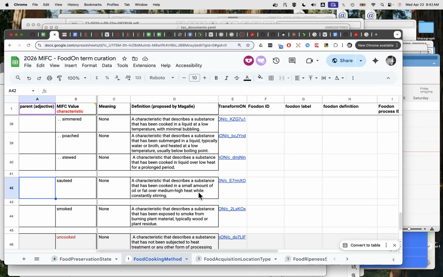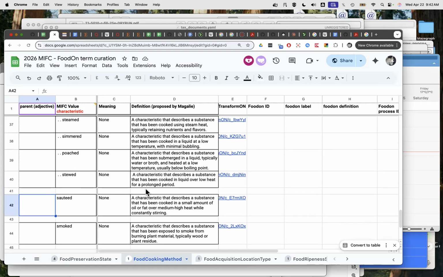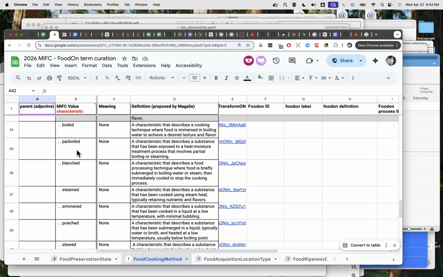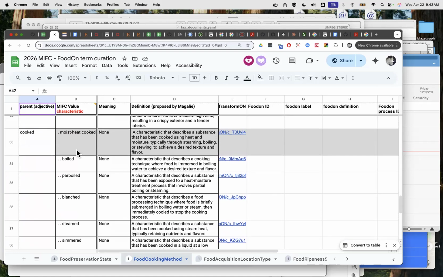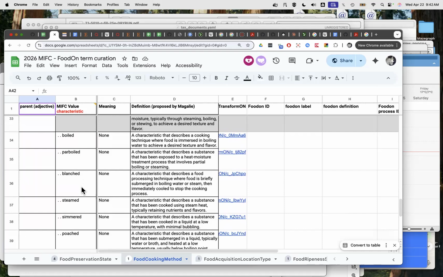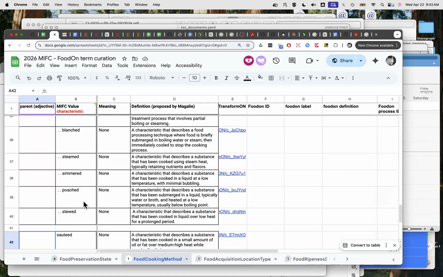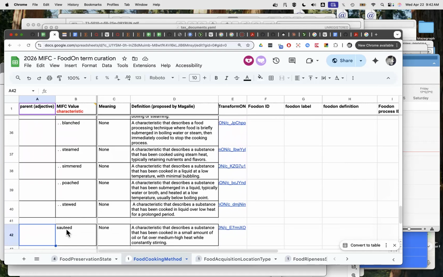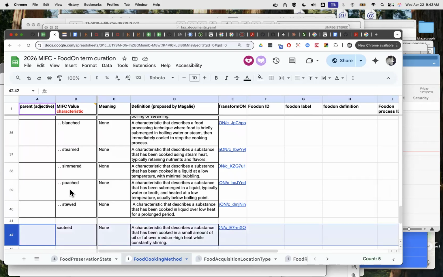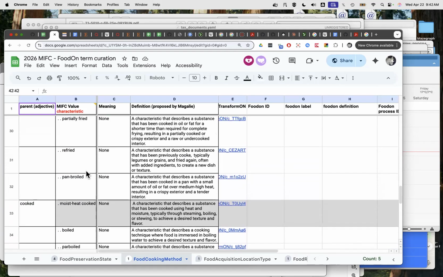So maybe it's a combination of steaming. I always thought it was more water in it, but I could be wrong. Yeah, there's a couple of other moist heat cooked: broiled, parboiled, blanched, steamed, simmered, poached, stewed. Maybe sautéed is sitting in the middle. I guess I think you're right. I mean, the traditional description.